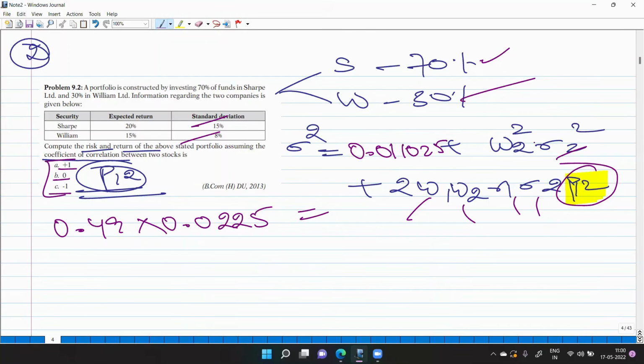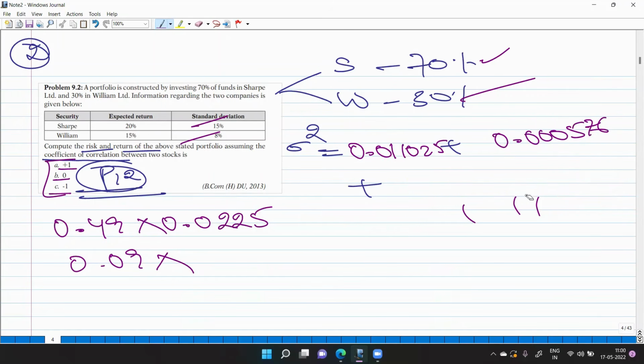Okay, let's try to solve another value. 0.3 into 0.3 is 0.09. 0.08 into 0.08 into 0.09. This value is coming out to be 0.000576.